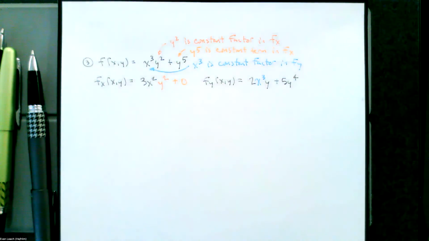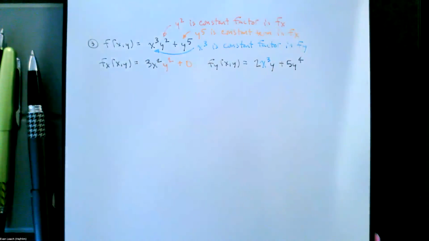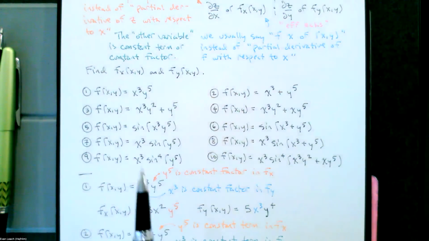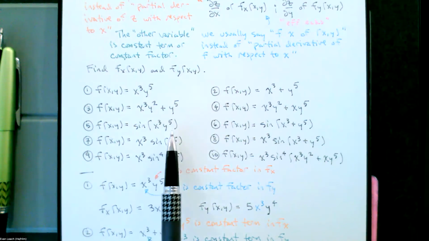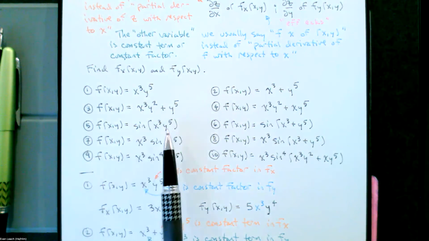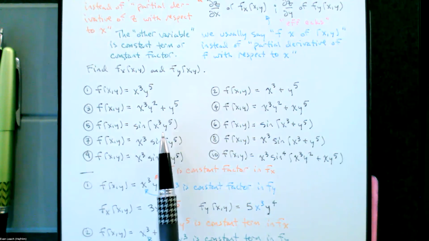After that, it's just a matter of escalation. We just start adding more things, but all the other things are the same. Product rule, quotient rule, chain rule. So if we look at sine of x cubed y to the fifth, we have a composition of functions. Derivative of sine of something is cosine of that thing times the derivative of that thing.